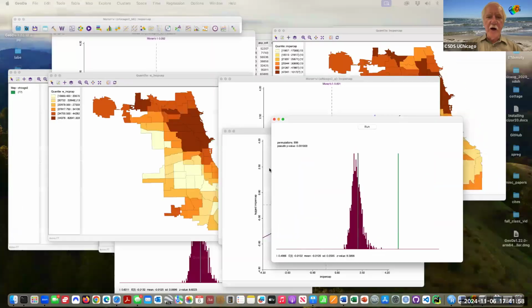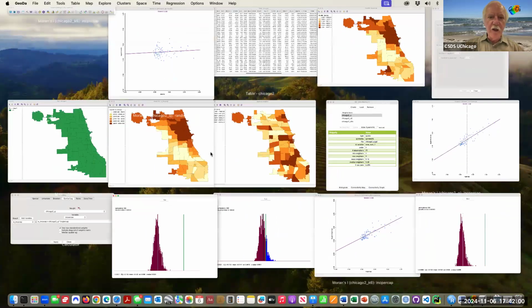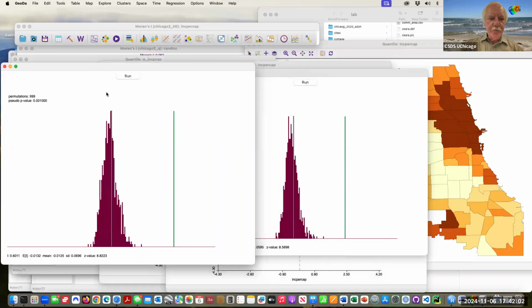So if we go back to our other, which one? This one here. So here we have a z value of 8.58, and here we have a z value of 8.82. Much closer, almost identical, than the original Moran's I were, which was 0.601, 0.499.